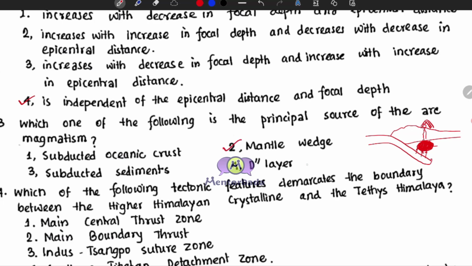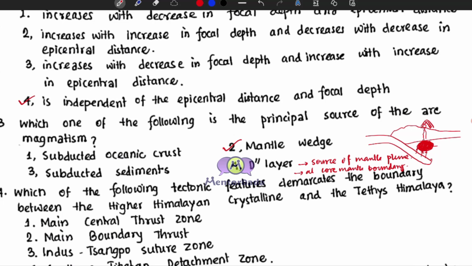Option number 4, the D double prime layer, is the source of mantle plumes, and it is situated at the core-mantle boundary.